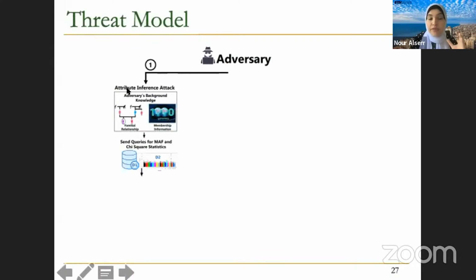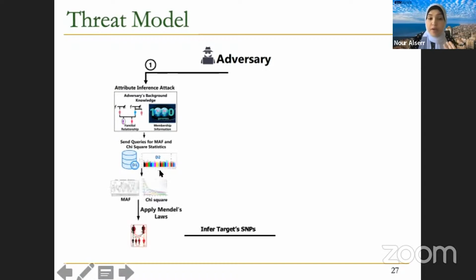We did attribute inference attacks over a genomic dataset, like GWAS, or any statistical dataset. We send queries for MAF and chi-square statistics, and using the results from these queries we could infer the target SNP.